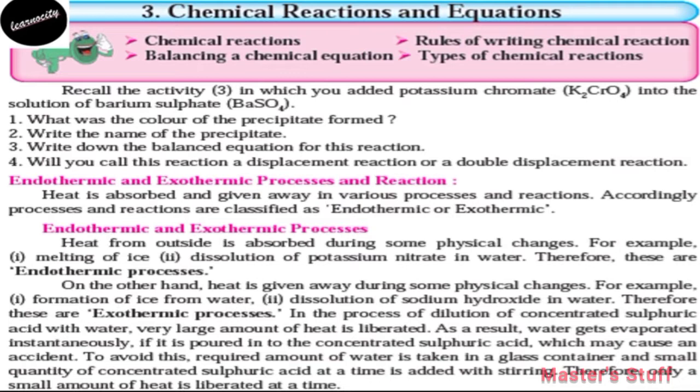In the process of dilution of concentrated sulfuric acid with water, a very large amount of heat is liberated. As a result, water gets evaporated instantly if it is poured into the concentrated sulfuric acid, which may cause an accident.